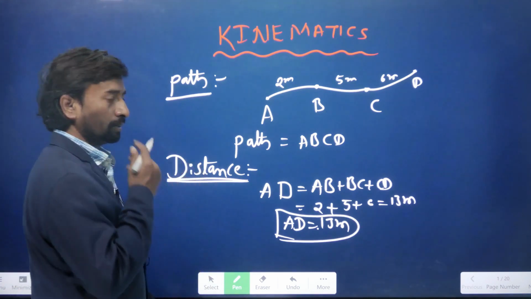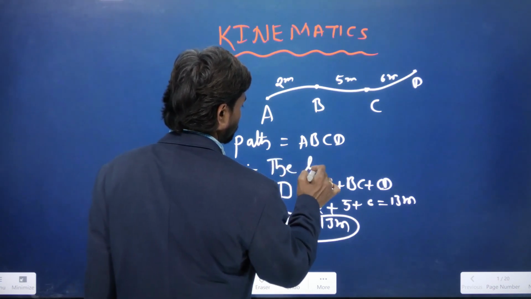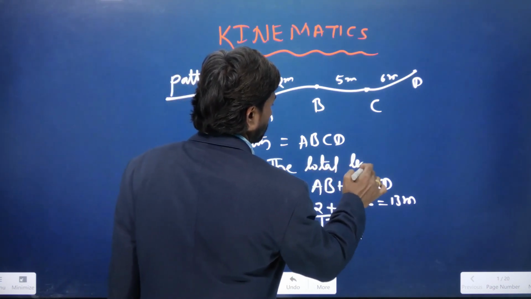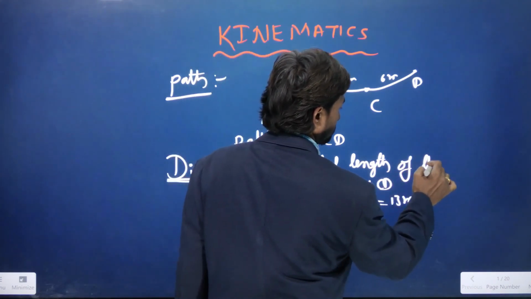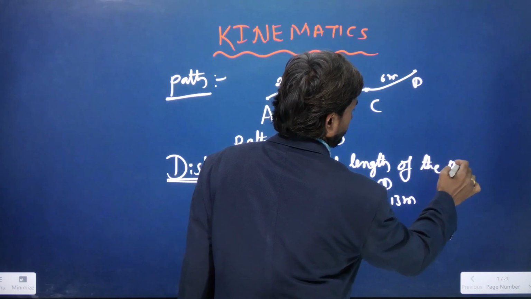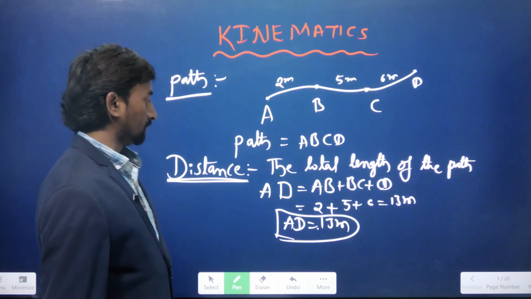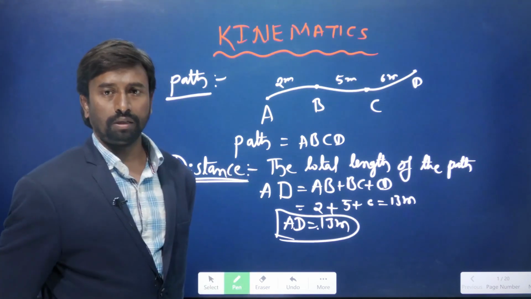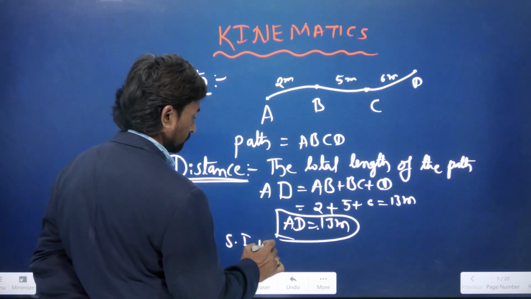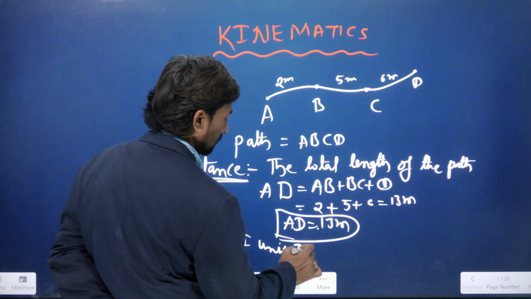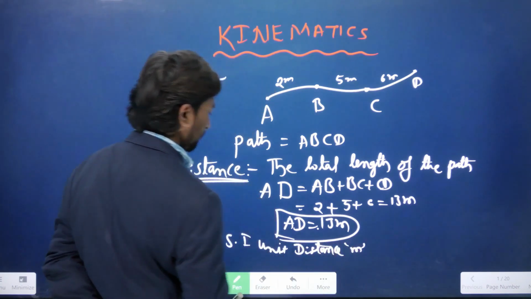So the distance is the total length of the path covered by the body, and this distance is measured in meters. The SI unit of distance is meters, and then the dimensional formula.